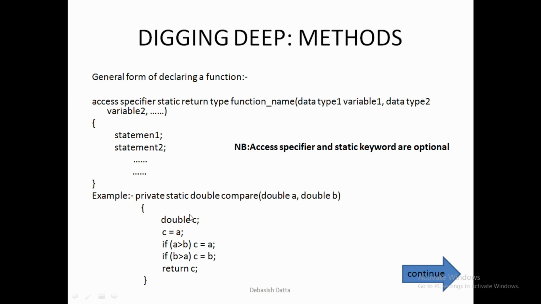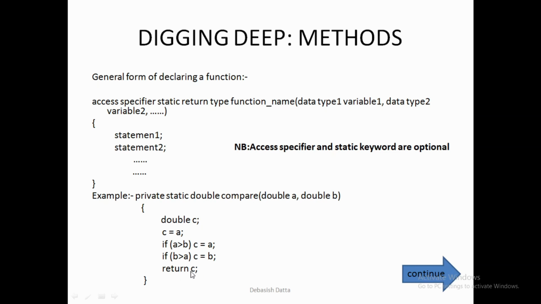This is not a coincidence that the data type of C is double and the return type of this function is also double. We have to do it. A function should return a value which is of the same data type as its return type, or at least compatible to it. What compatible means will come later, but as the return type of this compare function is double, it is returning a value of type double.